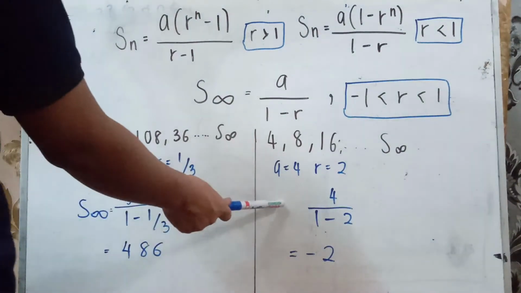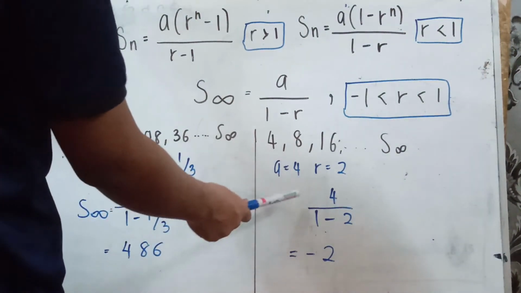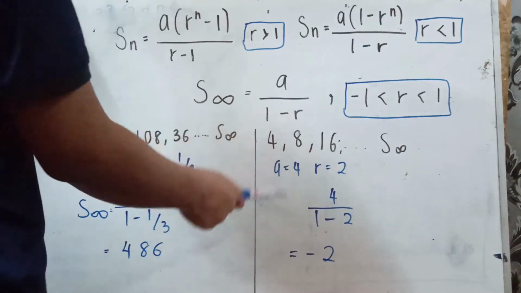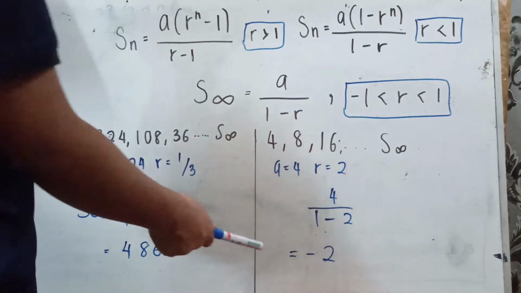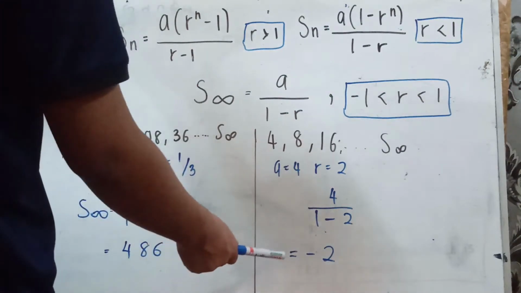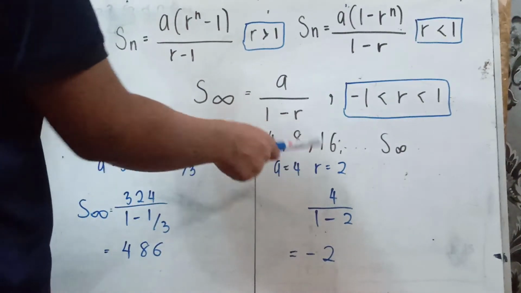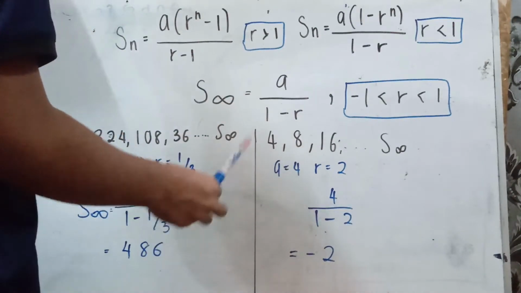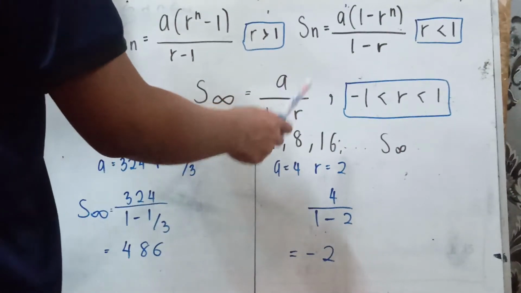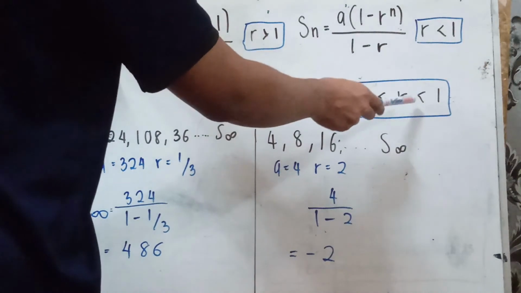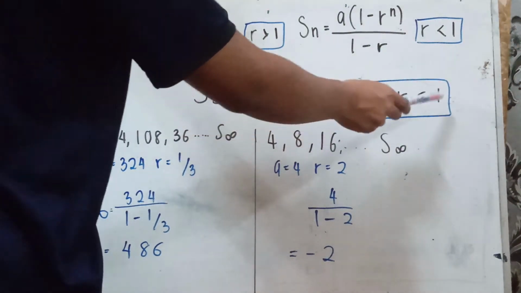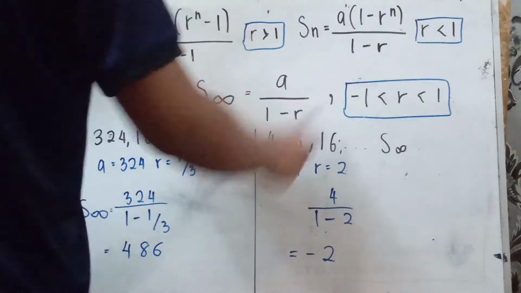And if our R is more than 1, for example I choose 2, then we cannot get the sum to infinity, and it is the wrong answer, because R must be within this range.